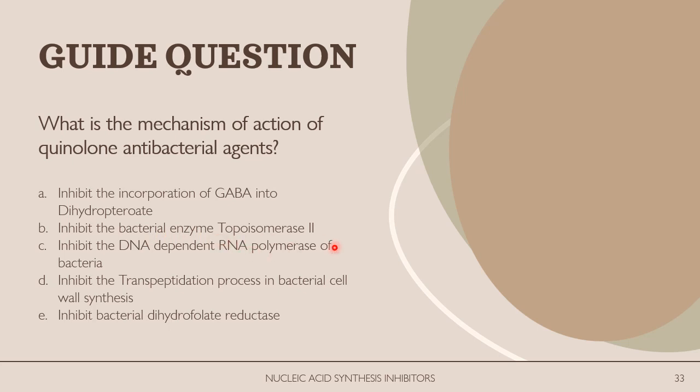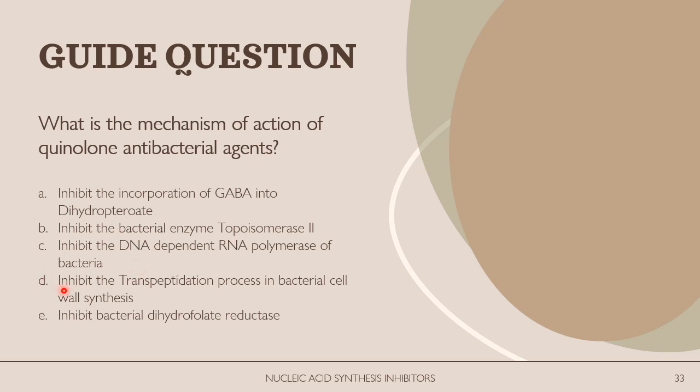Letter B, inhibit the bacterial enzyme topoisomerase 2. This is correct. Your quinolones inhibit DNA gyrase, or topoisomerase 2, and topoisomerase 4. Letter C, inhibit the DNA-dependent RNA polymerase of bacteria. This is the mode of action of your rifamycins, like rifampin and rifampicin.